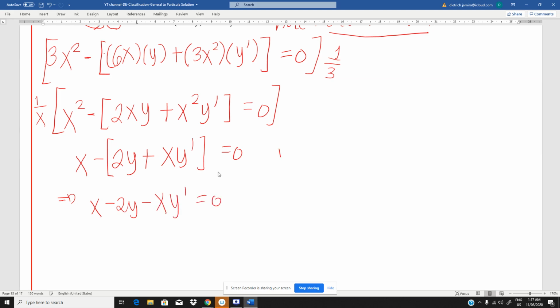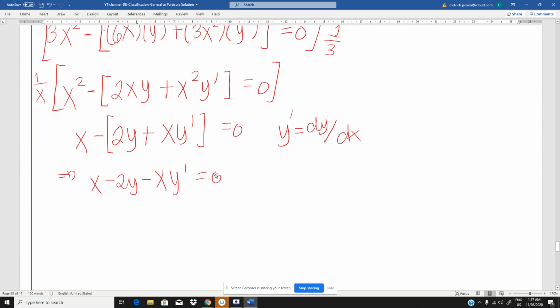As you can see, y prime is equivalent to dy over dx. So I'll change y prime into dy over dx. We will have x minus 2y minus x multiplied by dy over dx equal to 0.